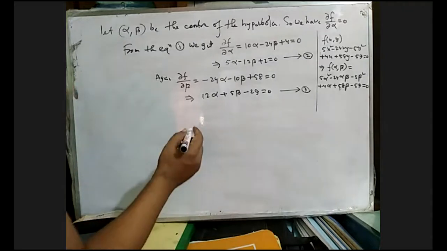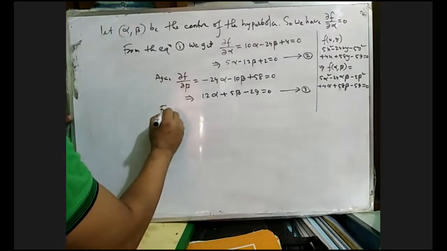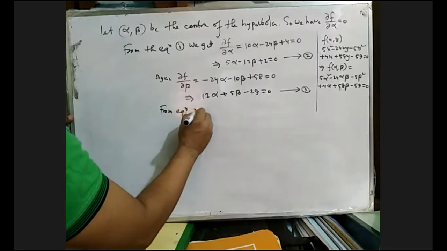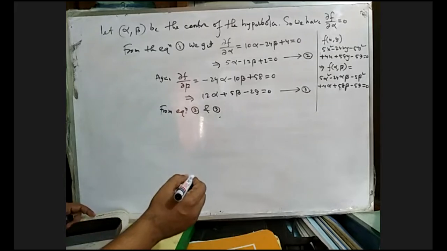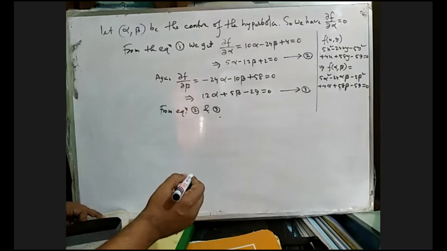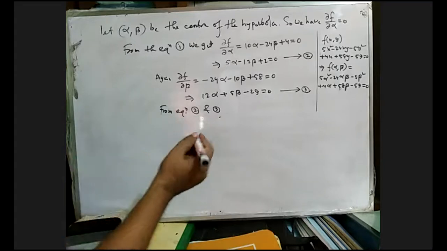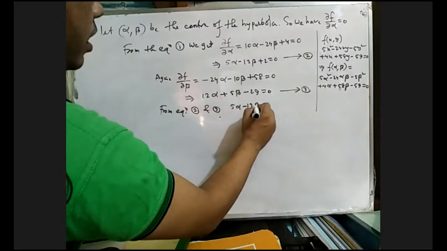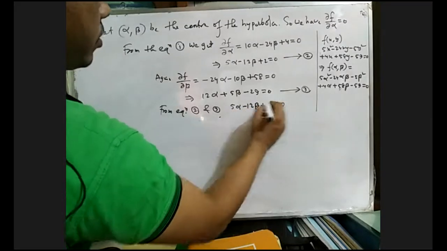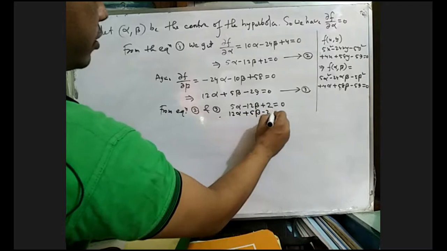From equations 2 and 3, we can write 5 alpha minus 12 beta plus 2 equals 0, and another one, 12 alpha plus 5 beta minus 29 equals 0.